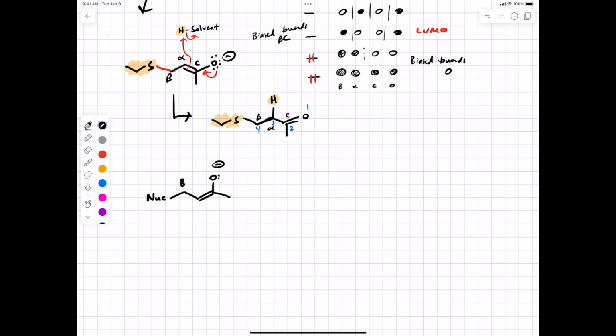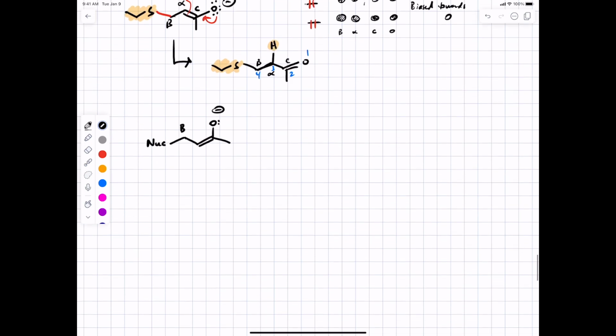It's actually been known for a long time that even though the negative charge is delocalized on both the alpha carbon and the oxygen, protonation rates for enolates are not equal on the oxygen and on the alpha carbon. It turns out that protonation is faster on heteroatoms.